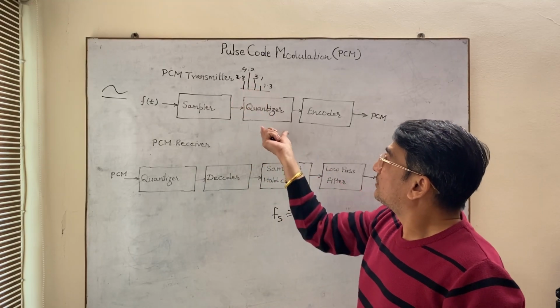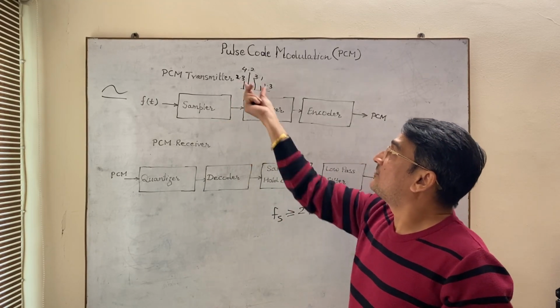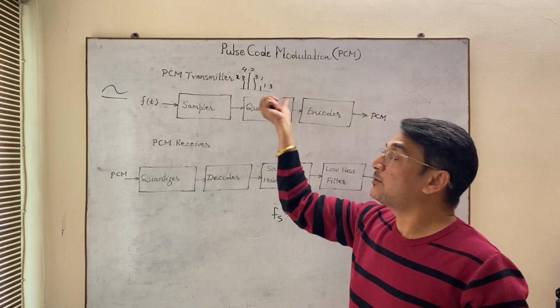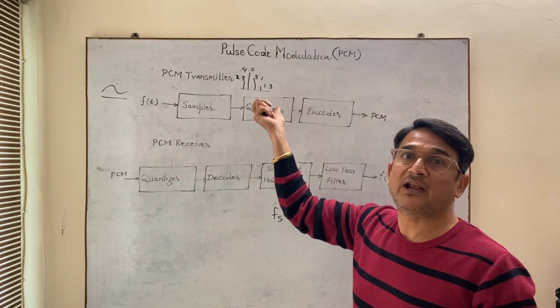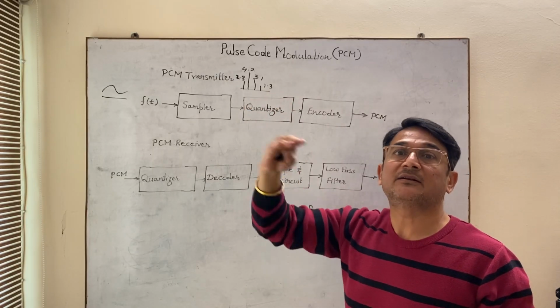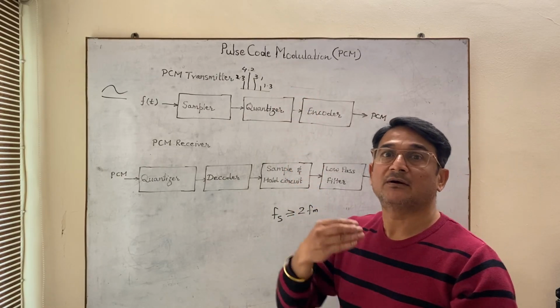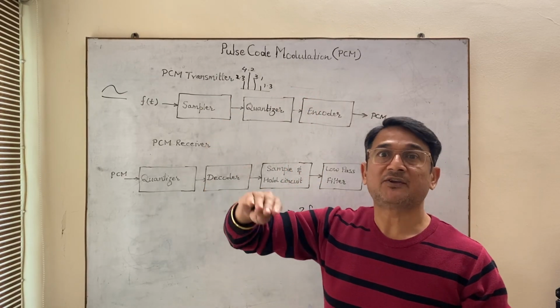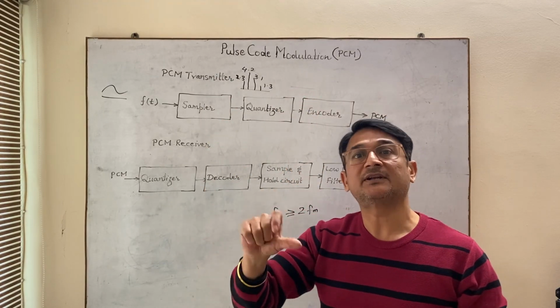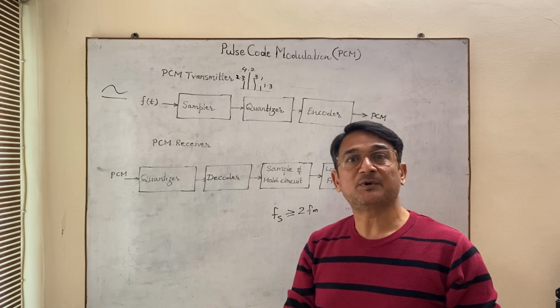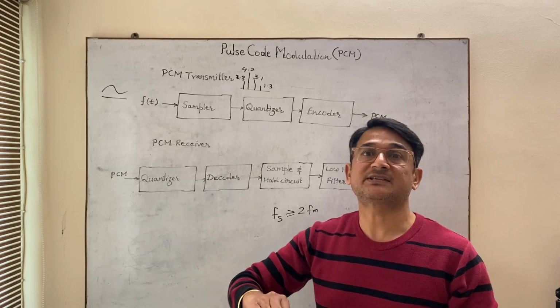So what the quantizer does is convert the samples into their nearest integer value. If the value is above 0.5, it will go to the next integer, and if it is below 0.5, then it will go to the previous integer.